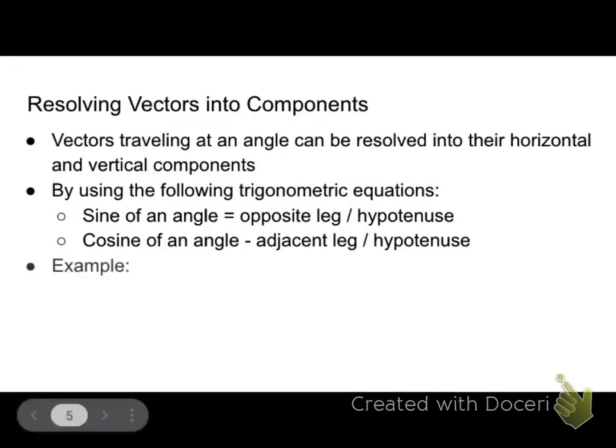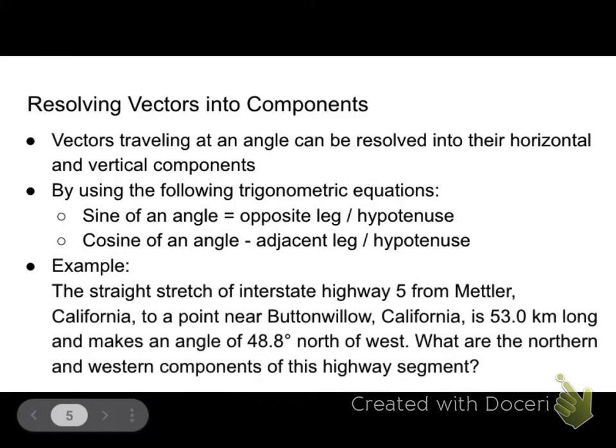The example the book gives is the straight stretch of interstate highway that runs from Mettler, California to a point near Buttonwillow, California, is 53.0 kilometers long, and it makes an angle of 48.8 degrees north of west. They want to know what the western and northern components of that highway segment are.